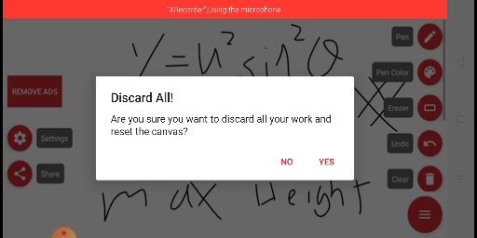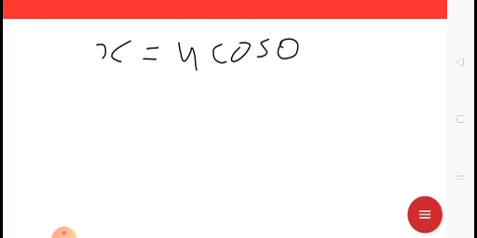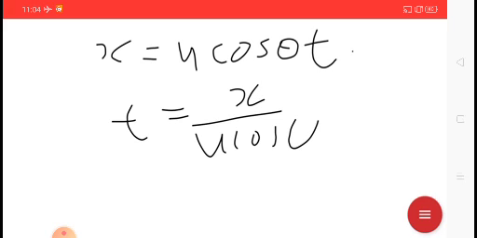Now we clear this one first. And you know that for the horizontal velocity, x equals u cos theta t, right? So you simplify, t will be equal to x over u cos theta. So this is the time that travels. At a particular moment you have a particular x displacement.